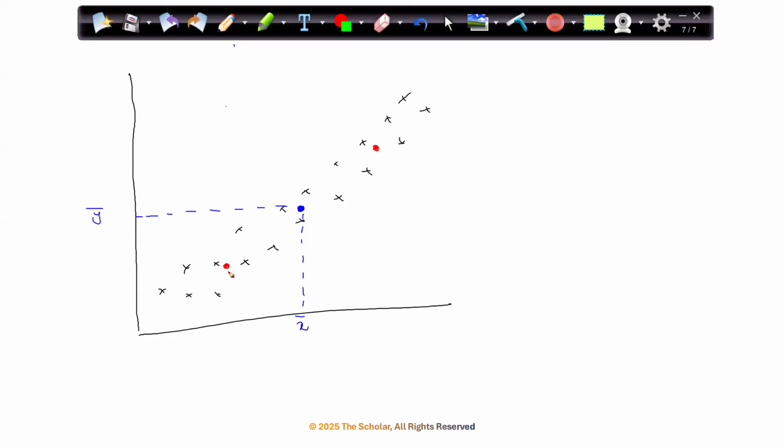Suppose this is my point, let's say P1. And this is my point, let's say P2. Let's say this point is x1, y1. And this point is x2 and y2.